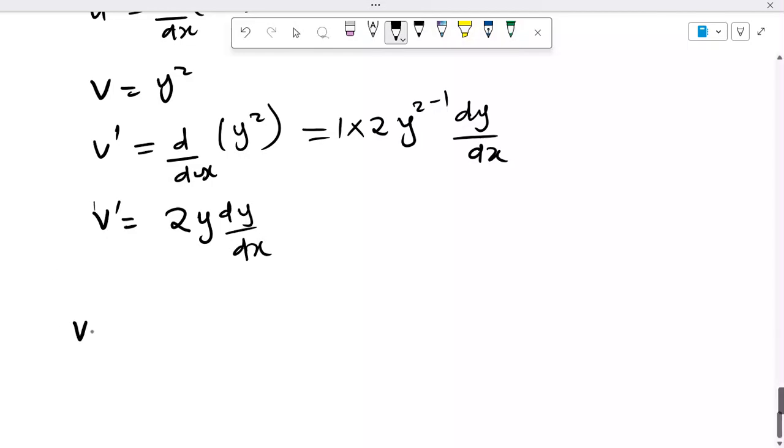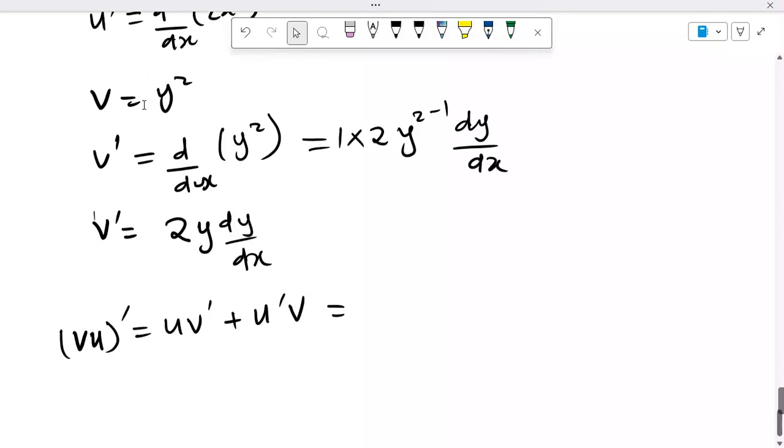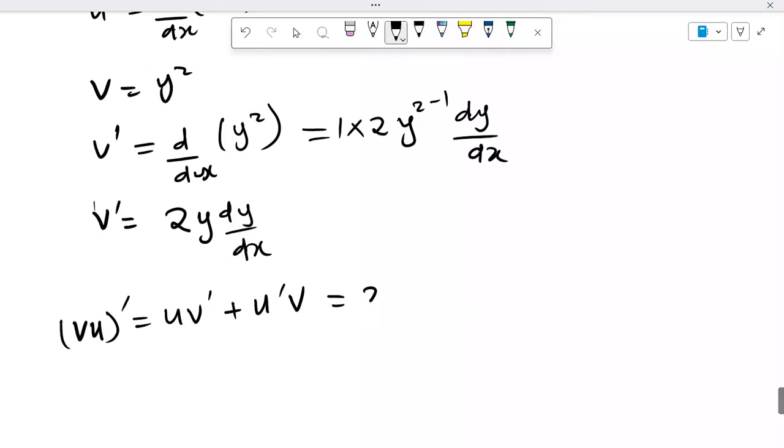Then now use the formula. If your functions u and v are multiplying, you say u v prime plus u prime v. So what is u? u is 2x squared.